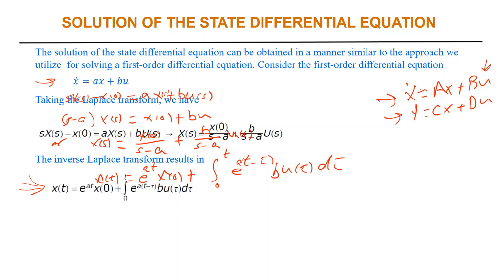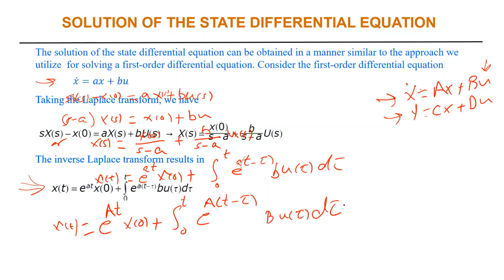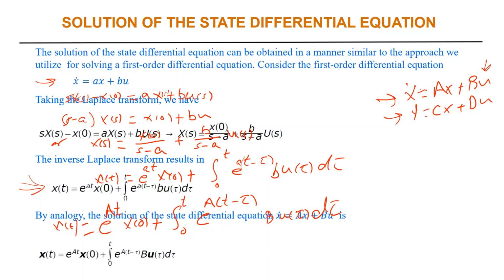The solution for the differential equation is going to be x(t) equal e to the At x of 0 plus the integral from 0 to t of e to the A(t minus tau) B u(tau) d tau. It's exactly the same, however now we are using matrices.